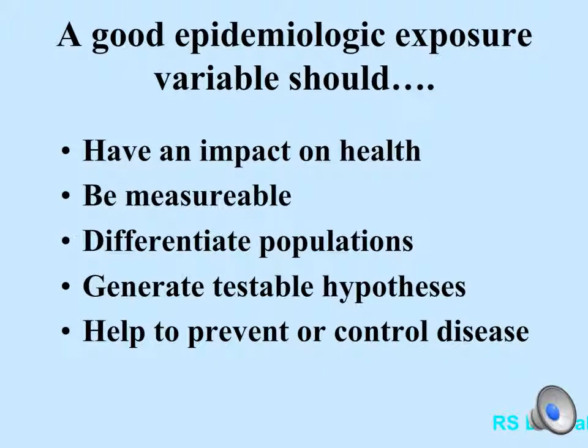So a good exposure variable should have an impact on health. It must be measurable. You need to be able to differentiate populations between those who are exposed and unexposed. You need to generate testable hypotheses, and ultimately, the idea is that it will help to prevent or control disease.